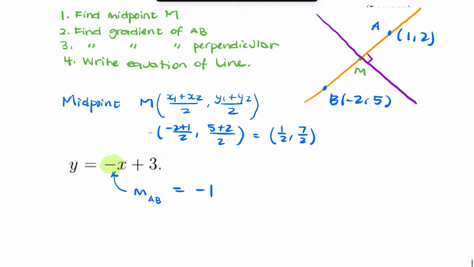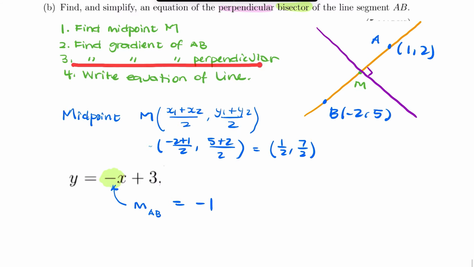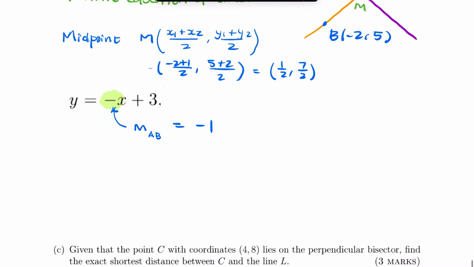So we found the midpoint, we found the gradient of AB. Now we need to find the gradient of the perpendicular. So the gradient of the perpendicular will simply be positive 1. So what you do is you flip and you change the sign so that m1 times m2 is equal to minus 1.